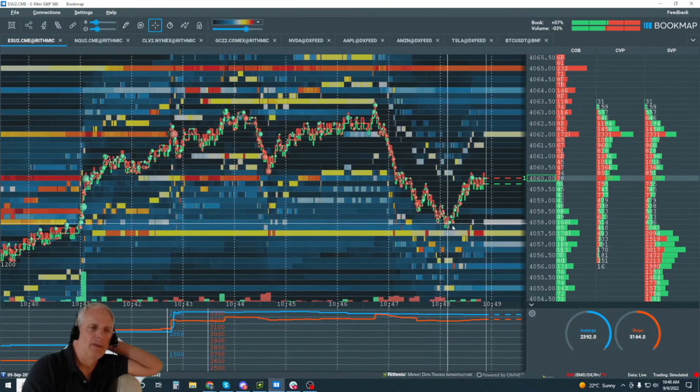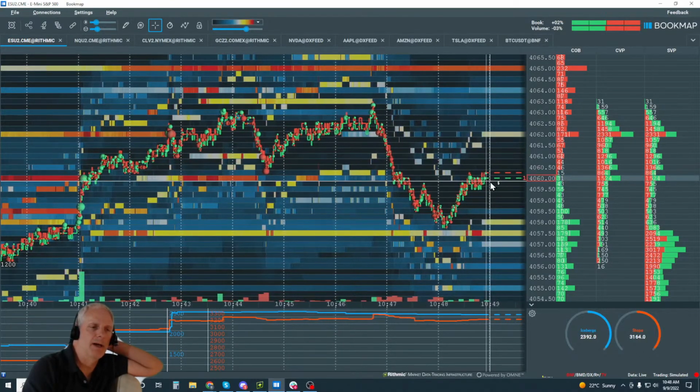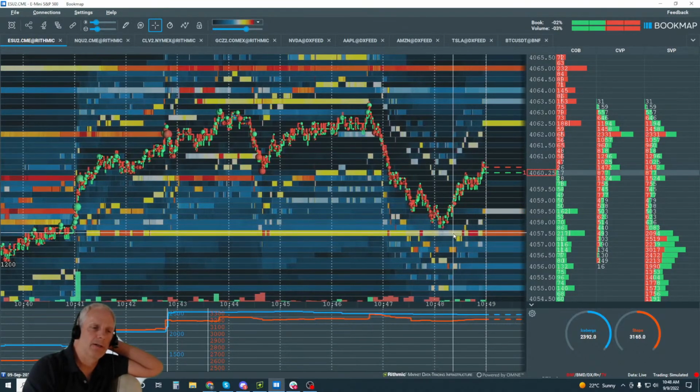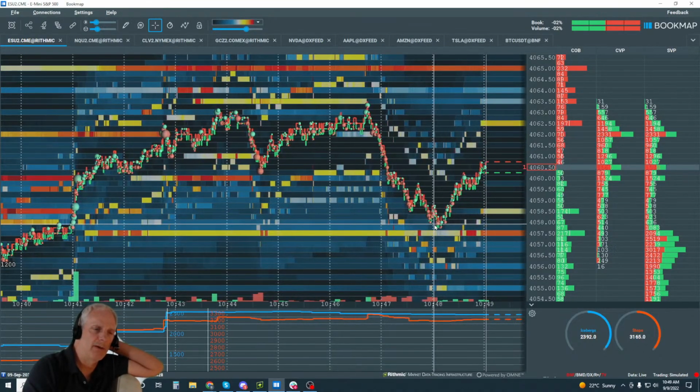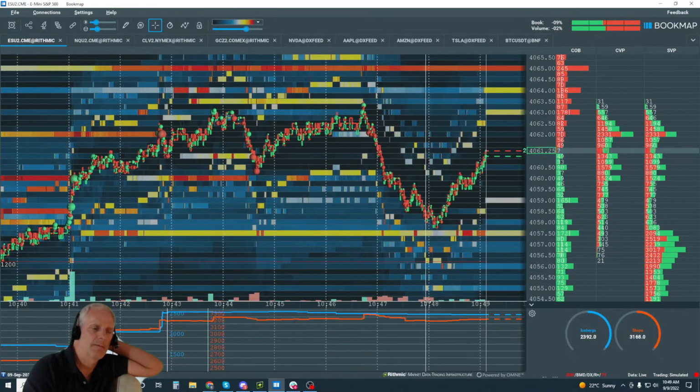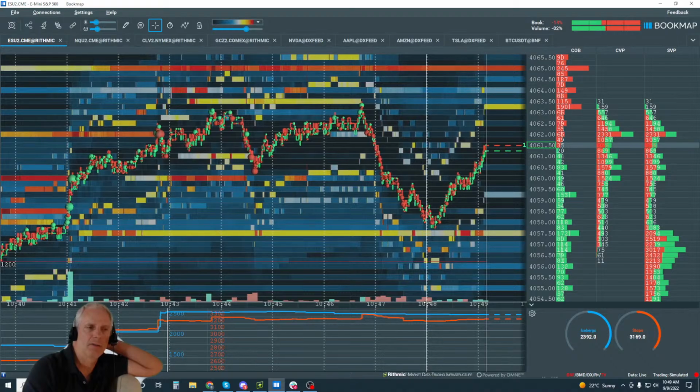We always look for the bounce in here. It's even better, higher probability to look for the bounce if it's on less volume. That's always the case on low volume pullbacks.